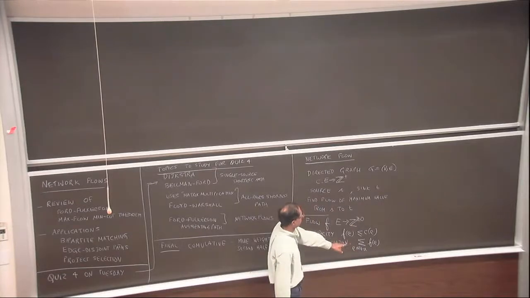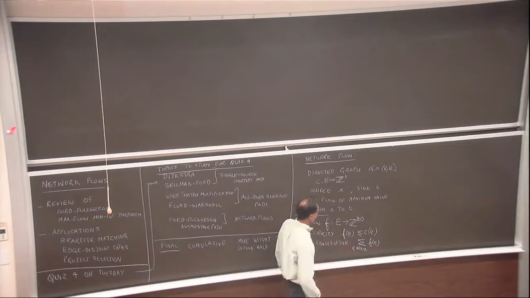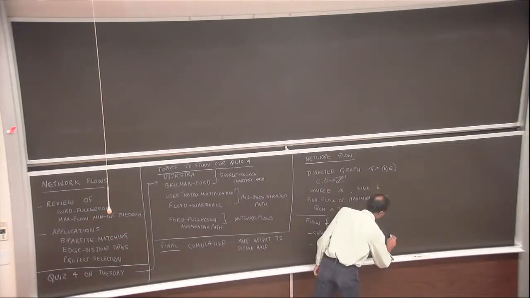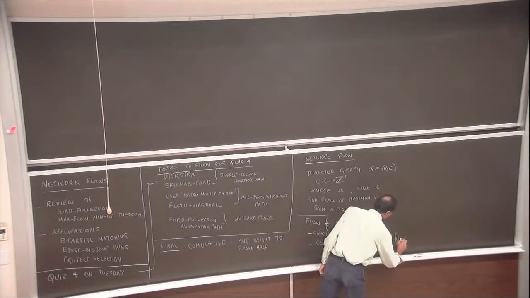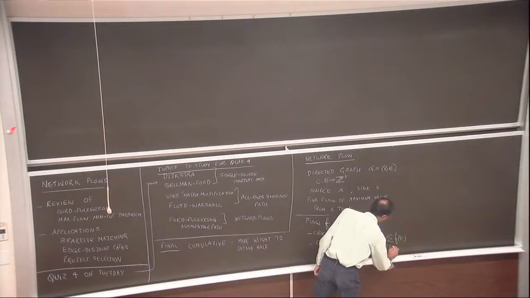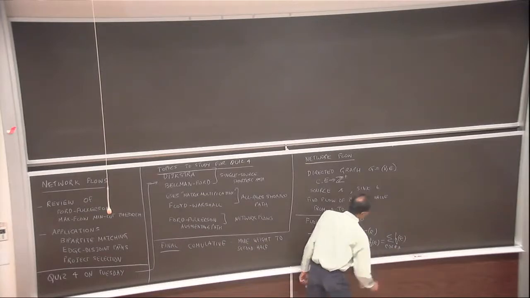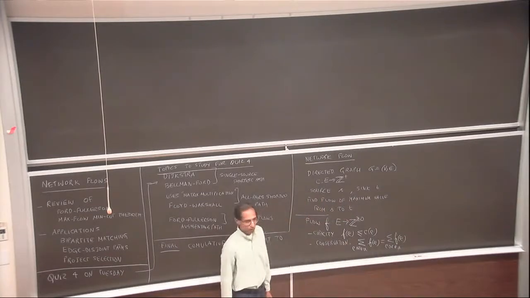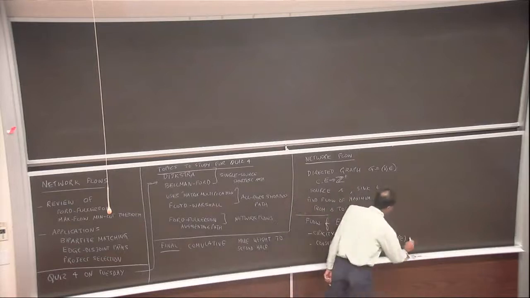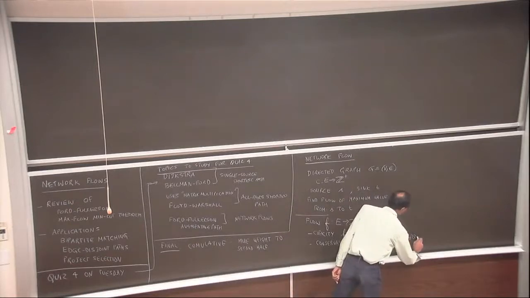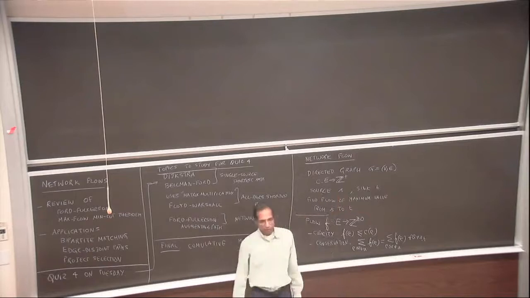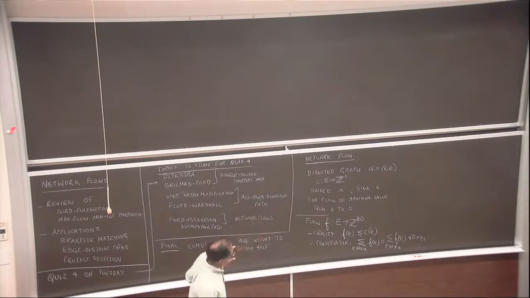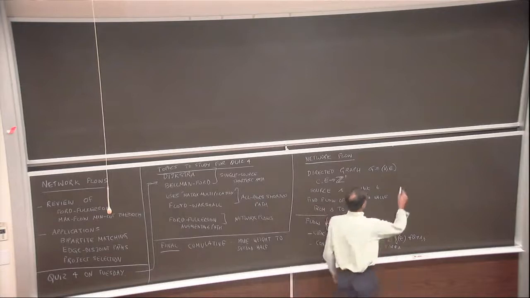Look at all the edges going into a vertex V and add up the flows. This should be exactly equal to the sum over all the edges going out of V, for V not equal to S or T. Of course, for S there is something going out, and for T there is the same amount going in.